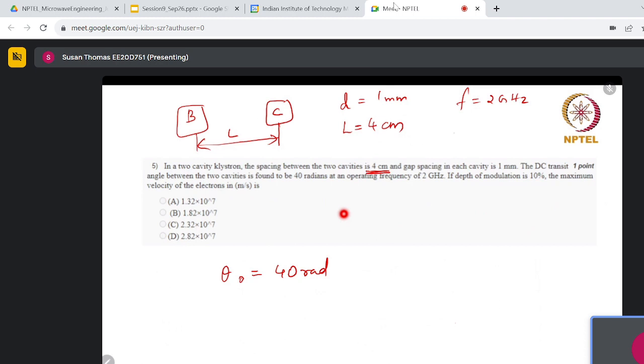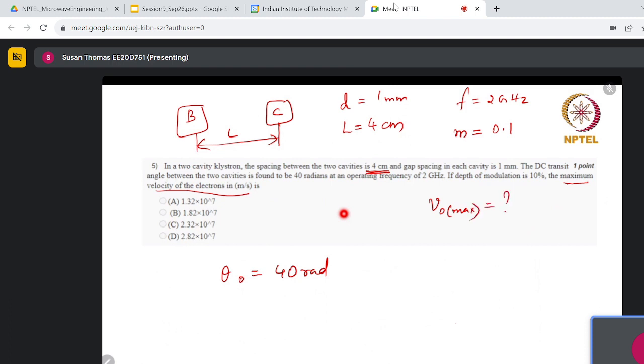Depth of modulation M is 10%. What will be the modulation index in linear? M is equal to 0.1. So now the question is the maximum velocity of the electron. What will be the maximum velocity of the electron?